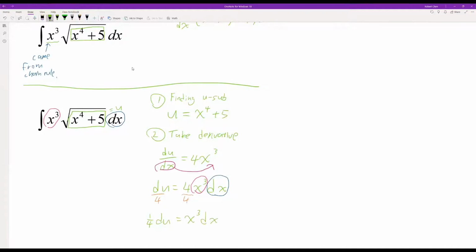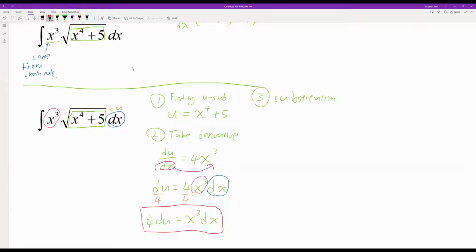All right. Now, what we're going to do is the step of substitution, right? So step 3, we're going to do the actual substitution. From the previous step, we know that 1 over 4 du is equal to x cubed dx.